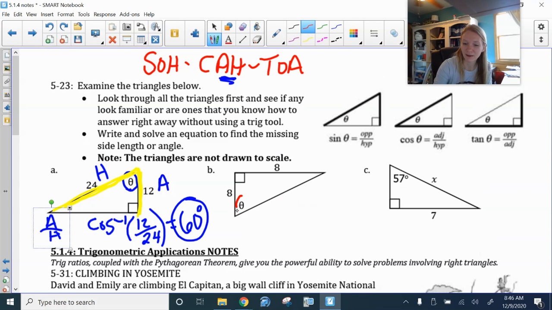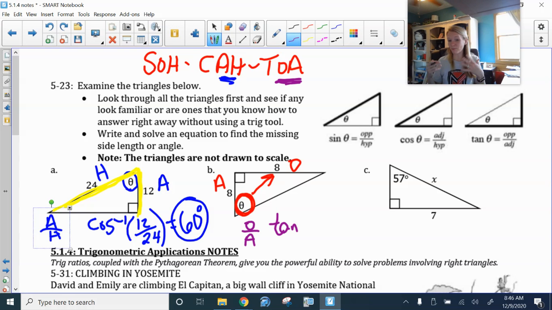For part B, theta, I've got an opposite. I have no hypotenuse. I've got an adjacent. So that's O and A, the two parts I have. That means this is a tangent problem. And some of you might have already recognized that, hey, wait a second, I have an 8 and an 8, they're the same. If the sides are the same, then the angles have to be 45 degrees.